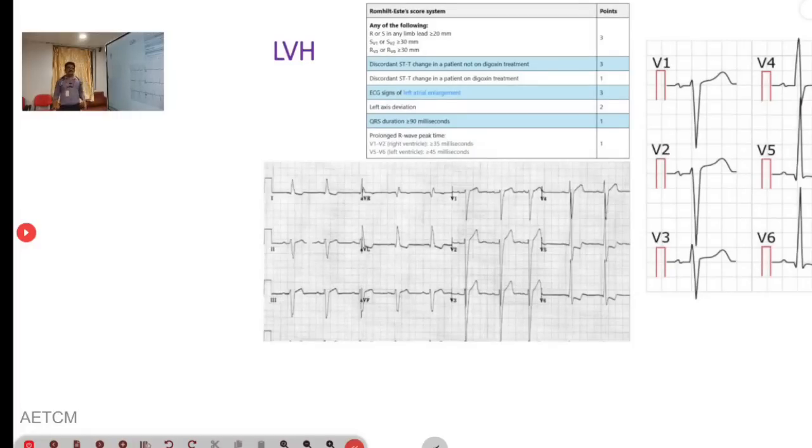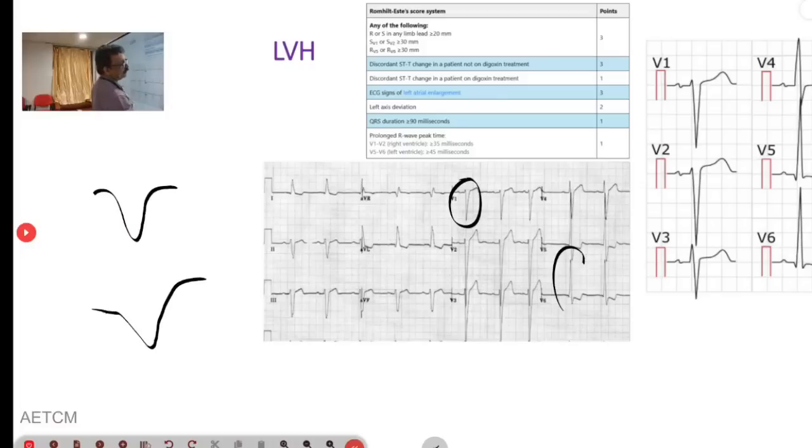Now LVH with strain, there also you get T wave inversion, but what we learned is that in ischemia both the limbs will be equal. In LVH strain, one limb will be deeper and the other limb will be like this. What is LVH with strain? Because of left ventricular hypertrophy, you get very large ECG complexes. You can see the QRS complex here and here. This criteria is called the Sokolow-Lyon criteria. You can read that, I am not going into the details.